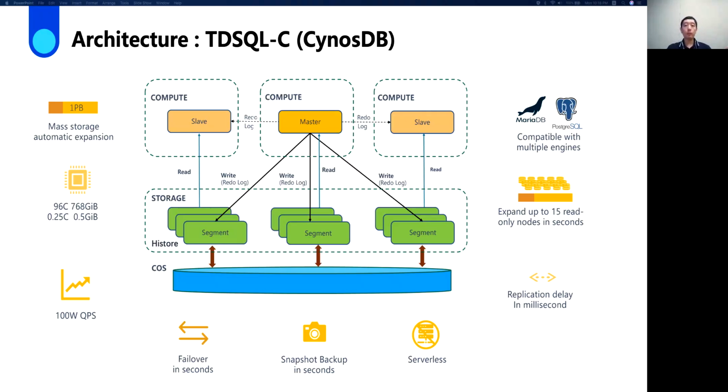When there is a need to bring up a new slave instance, it only reads necessary information from the shared storage and doesn't need to maintain its own data copy in the local disk. It reads data from the storage layer only when there is a cache miss.